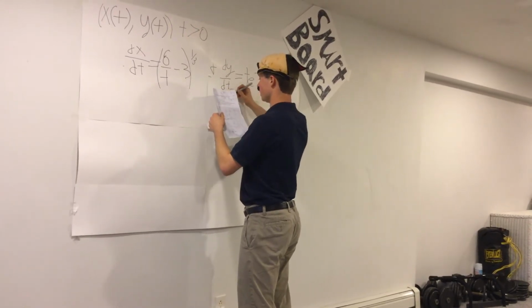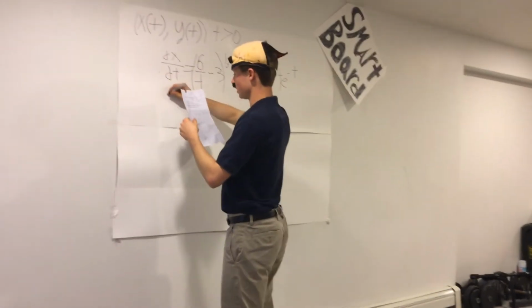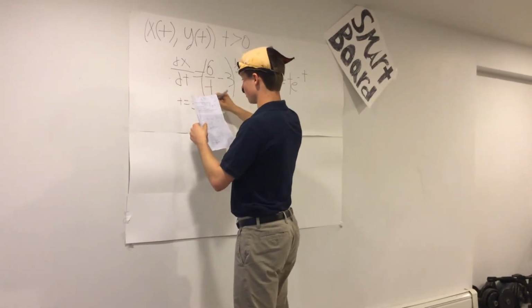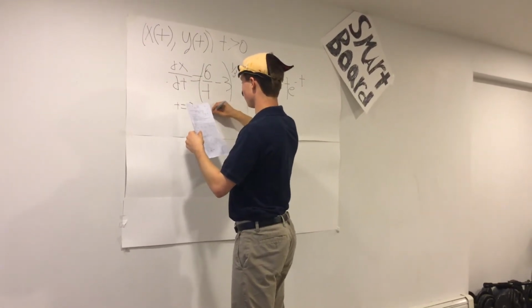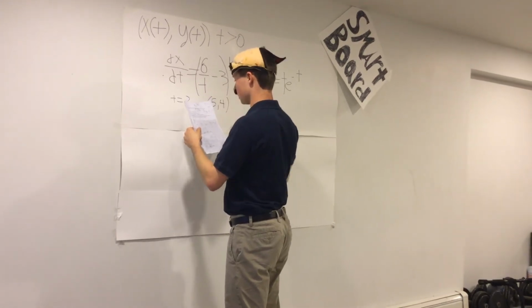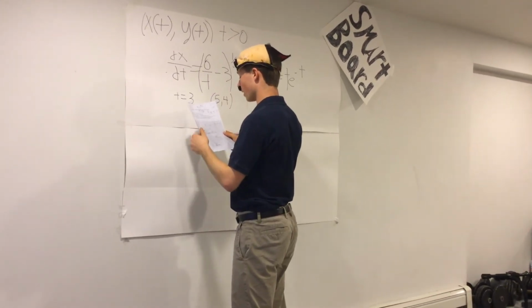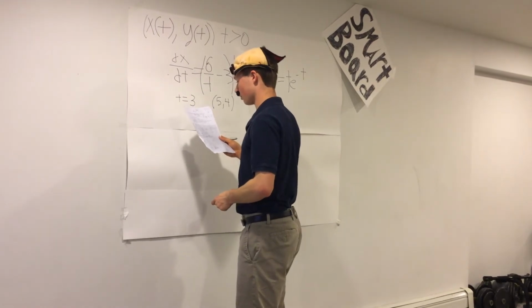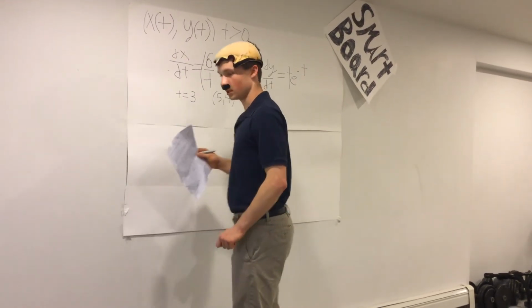At time t equals 3, the particle is at the point (5, 4). Find the speed of the particle at time t equals 3.